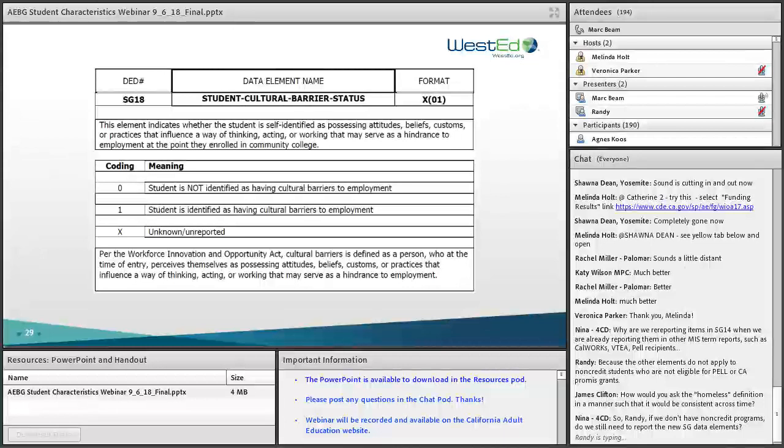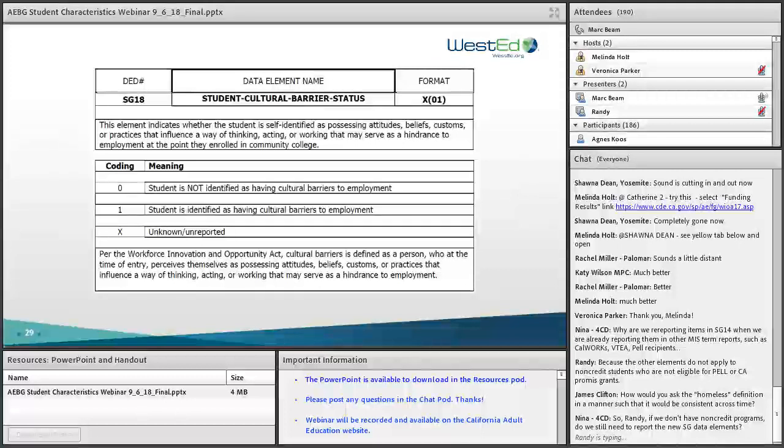SG18 is a student's cultural barrier status. This is self-reported or self-identified, and the language says as possessing attitudes, beliefs, customs, or practices that influence a way of thinking, acting, or working that may serve as a hindrance to employment.